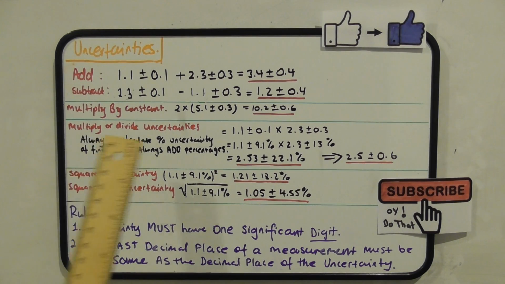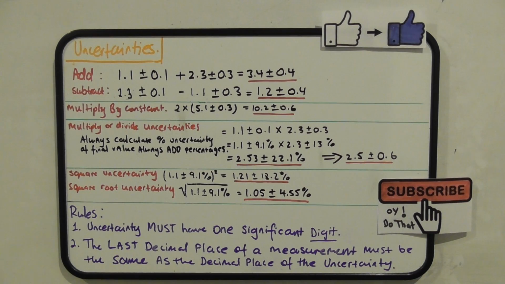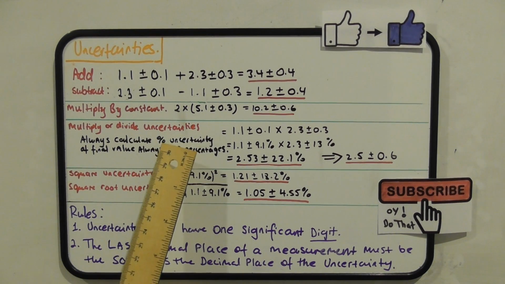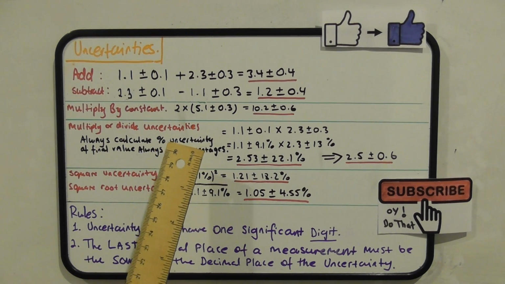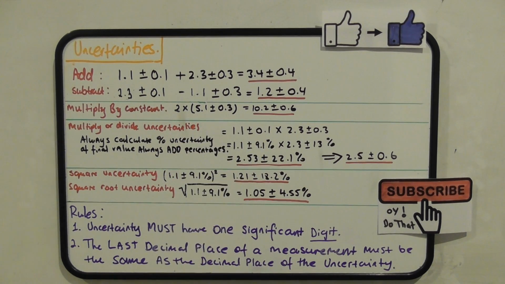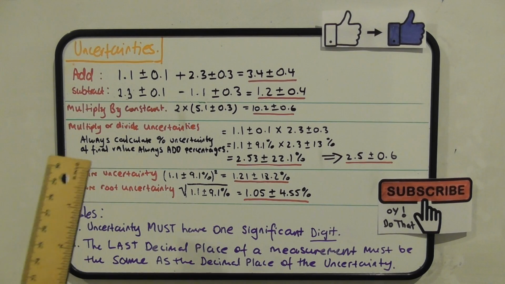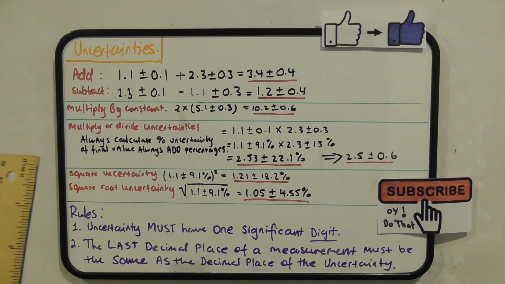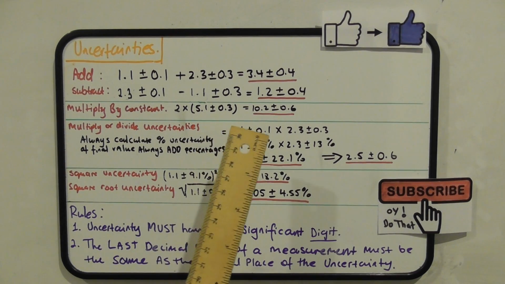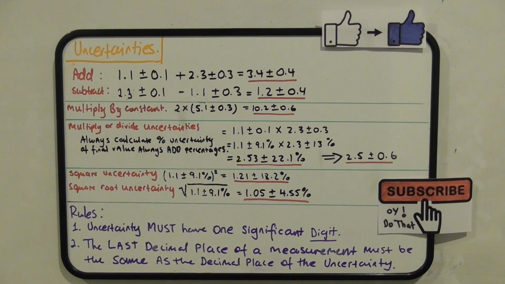If you multiply or divide uncertainties, you first have to always calculate the percentage that uncertainty has on that initial value, and then when you perform the multiplication or the division, you always add the percentage values together.